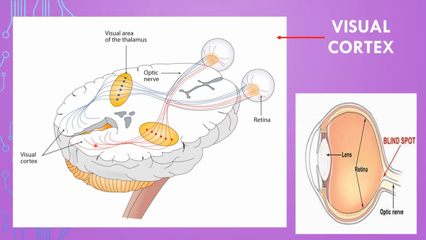We know that the left part of the brain controls the right part of our body and vice versa. So you may expect that the left eye would send information to the right brain and vice versa, right? But it doesn't happen like that.